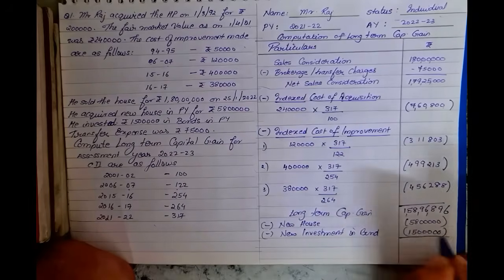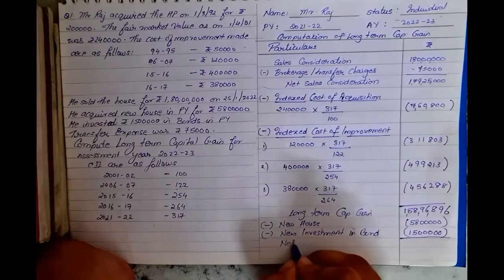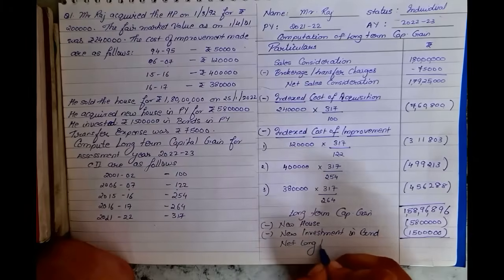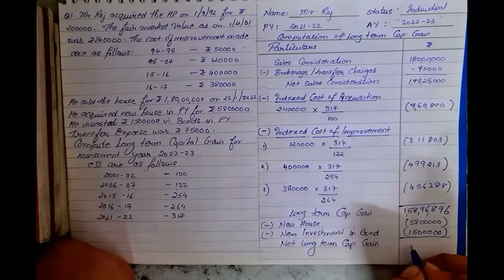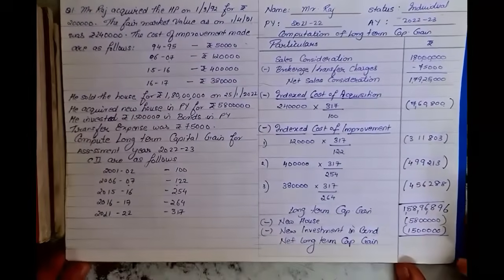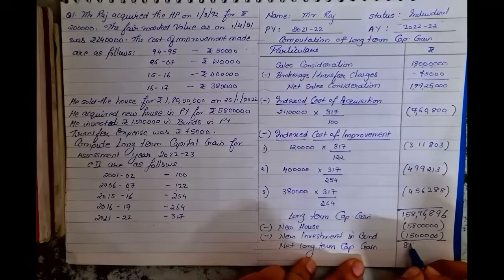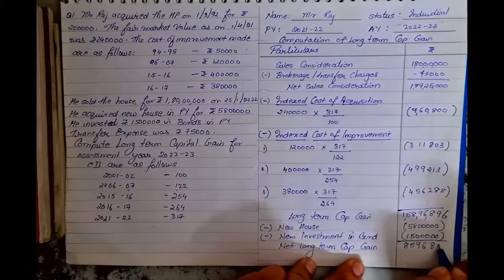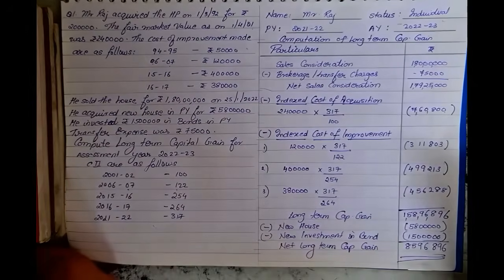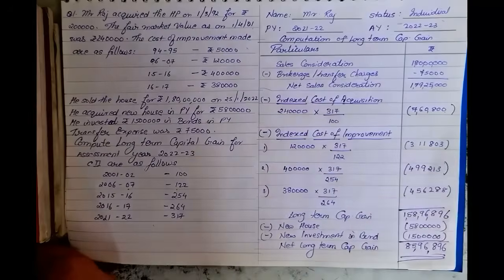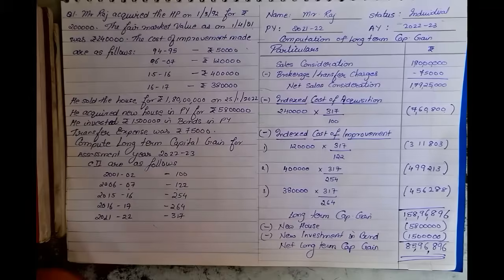So from your long-term capital gain, when you subtract the other two values, you will get a final net long-term capital gain, which comes to approximately 85,96,896. So that is how we need to solve the sum which is based on long-term capital gain.